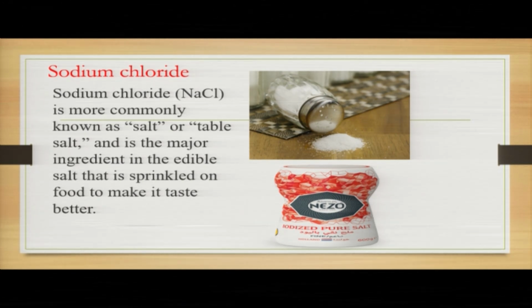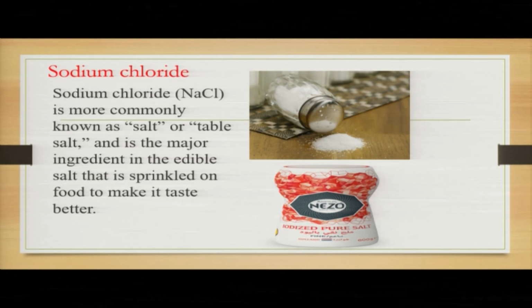So we were talking about how the salt that we are supposed to take should be iodized salt. And why iodized salt? It is very important because it stops the deficiency of iodine in our bodies. We need iodine in our bodies.